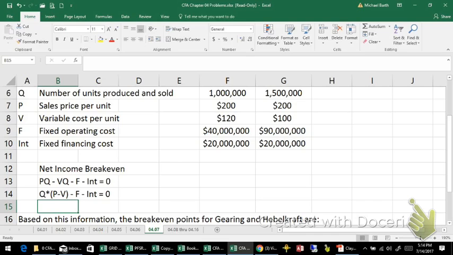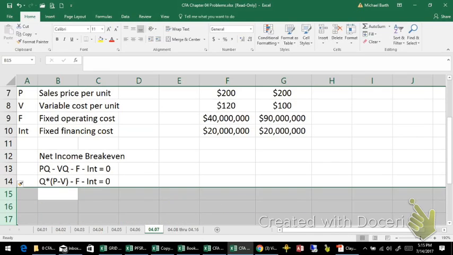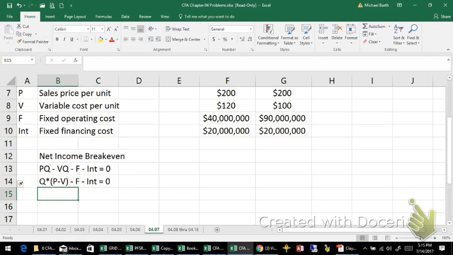Okay, so if I gather some more terms, then Q times (P minus V), if I add fixed cost and the interest expense to both sides of this equation, then it drops off to the left of the equal sign.